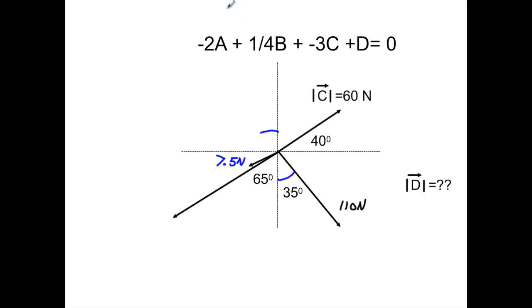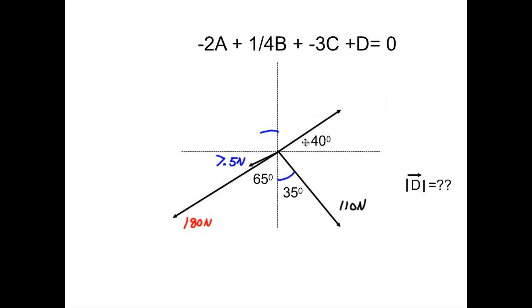Now this magnitude here, 3 times 60 gives me 180 newtons. Let's do it in a different color, since we have blue already. We'll do that in red. That gives me 180 newtons going in this direction. Alright, now you are done with this vector.